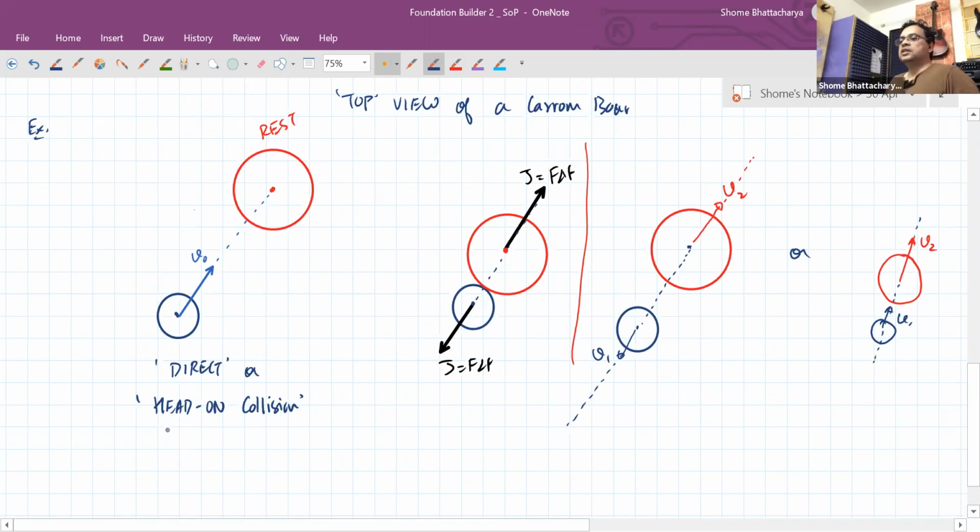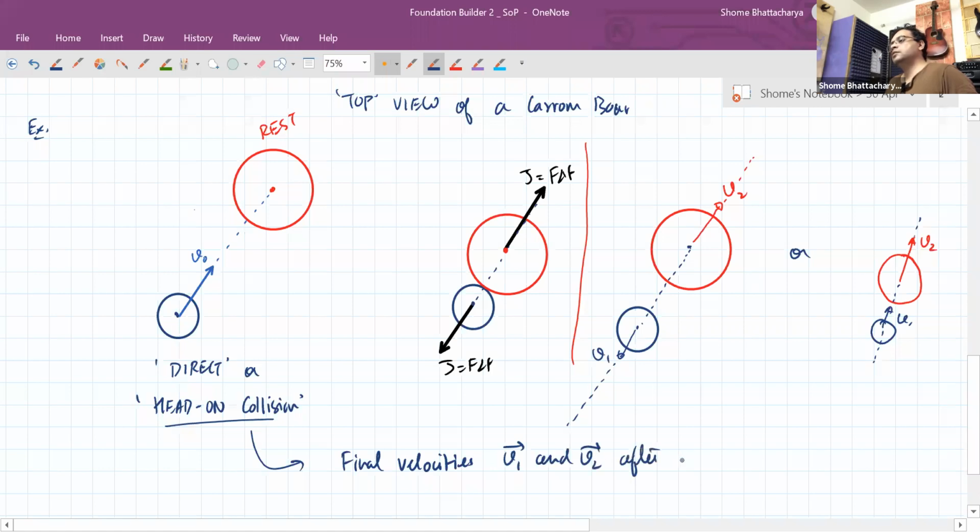So what happens in a head-on collision is that the final velocities, that is V1 vector and V2 vector after impact, are collinear. You'll recall from vector algebra, collinear means along the same line.